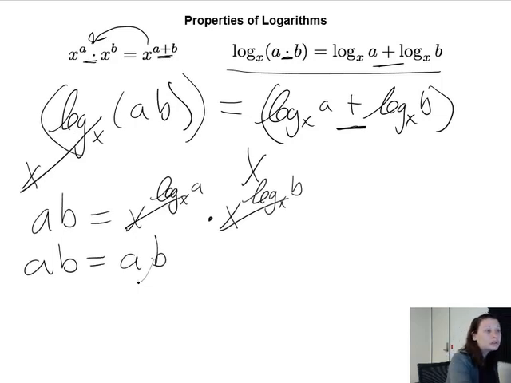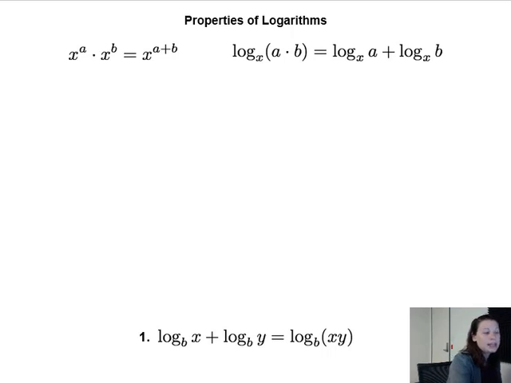So we just proved this rule, okay? So that means, let's show it concisely in a little bit better format. Log base b of x plus log base b of y is equal to log base b of xy. So addition on the outside means multiplication on the inside, okay?